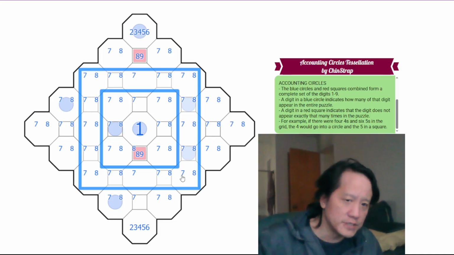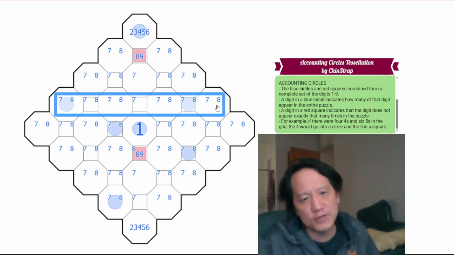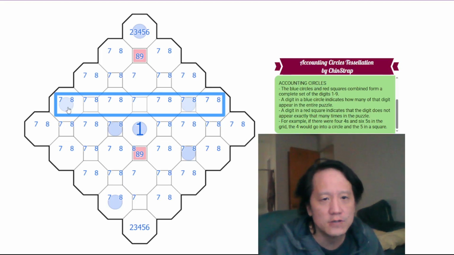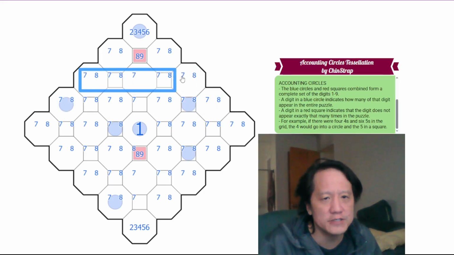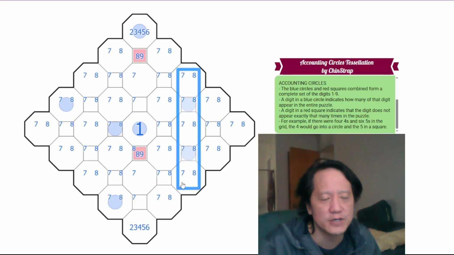We are guaranteed in. So since we have 7 and 8 in... well, that's not helpful. We're guaranteed 7 and 8 in row 5, sorry, row 3 and row 7, column 3 and column 7.